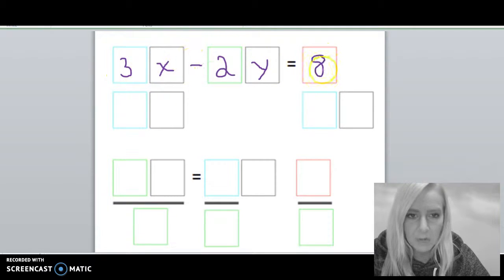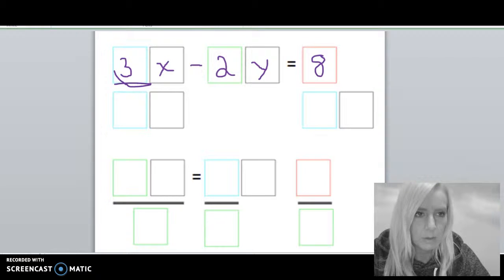This is in standard form. I'm going to convert to slope-intercept form. So my first term is 3x. I'm going to do the inverse of 3x and subtract it from both sides.